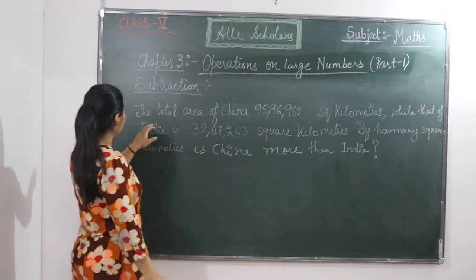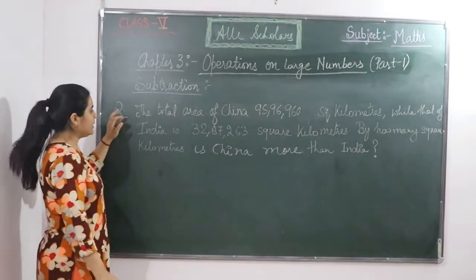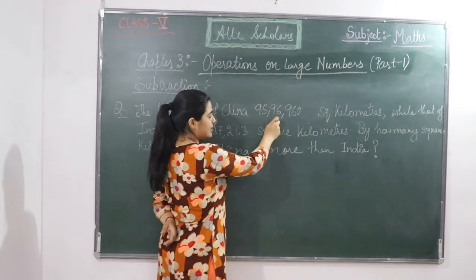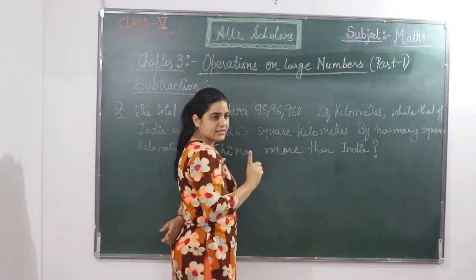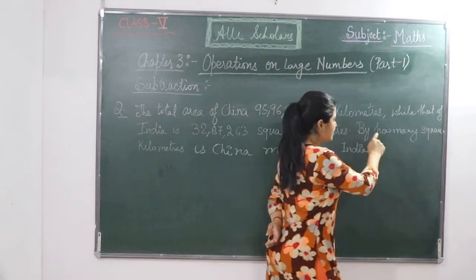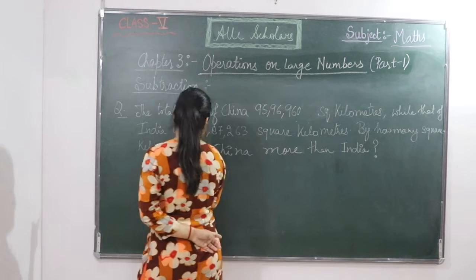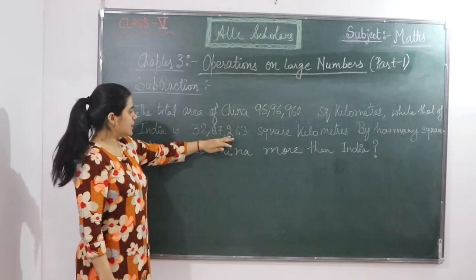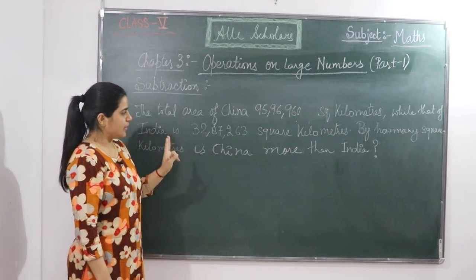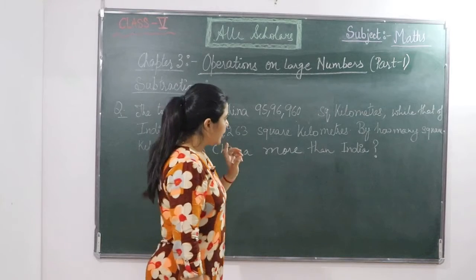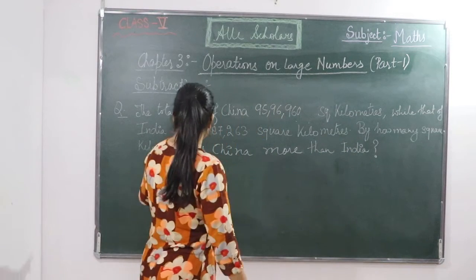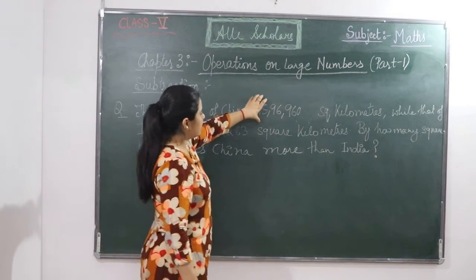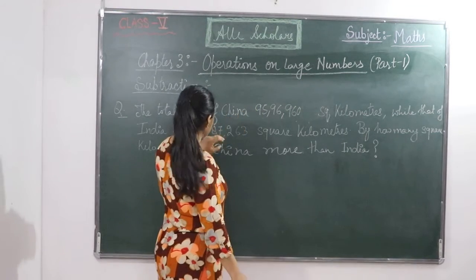Here we are going to solve a question in which the total area of China is 95,96,960 square kilometers, while that of India is 32,87,263 square kilometers. Now the question is, by how many square kilometers is China more than India?